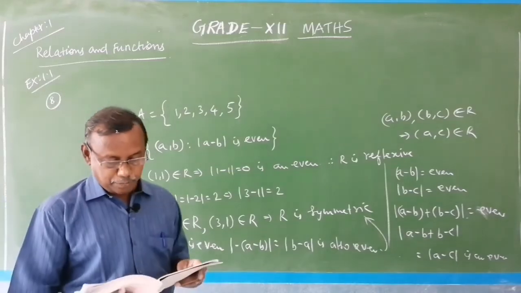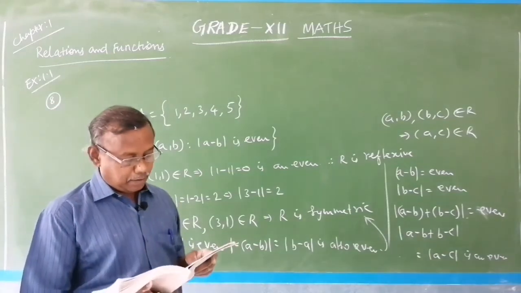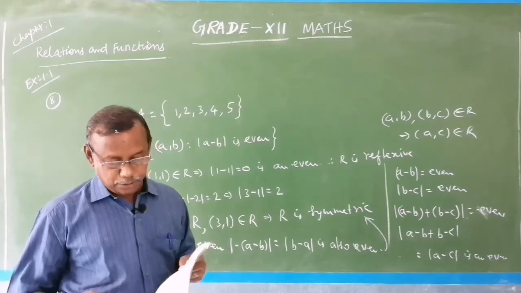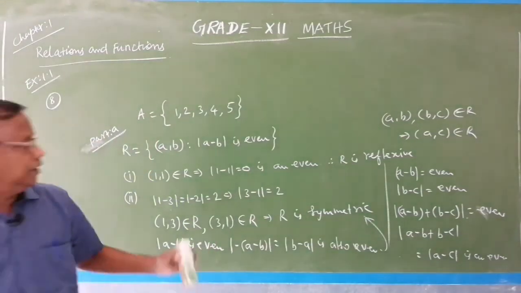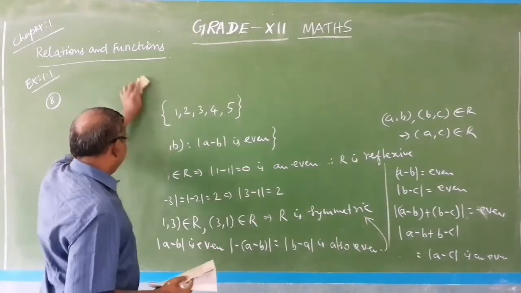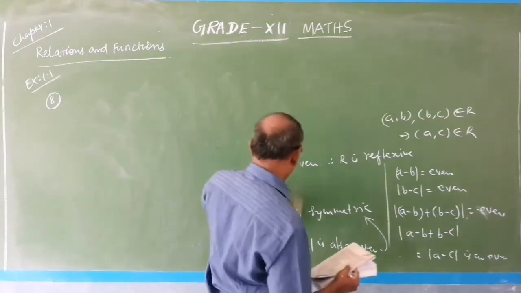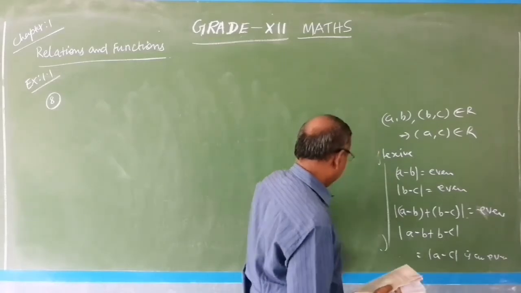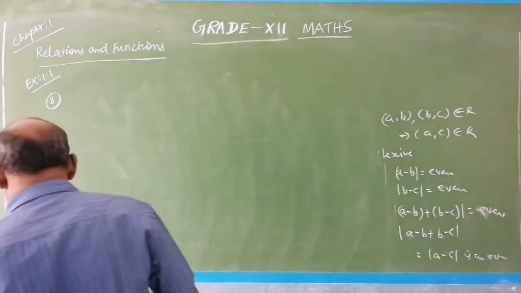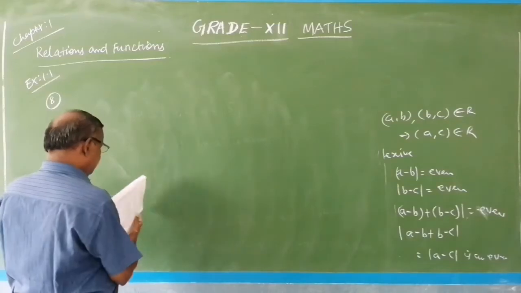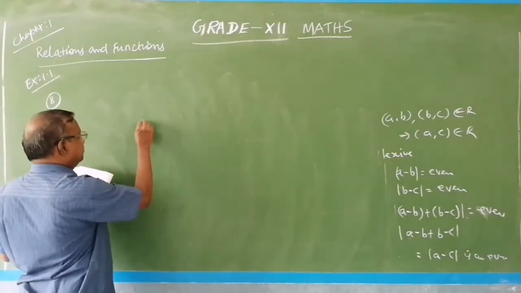Now, the next part B: show that all the elements of {1, 3, 5} are related to each other. Let B be the set {1, 3, 5}.